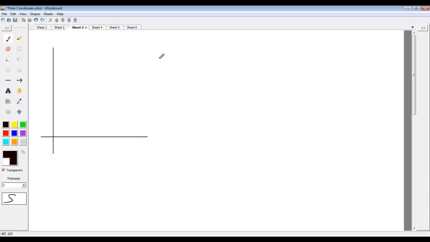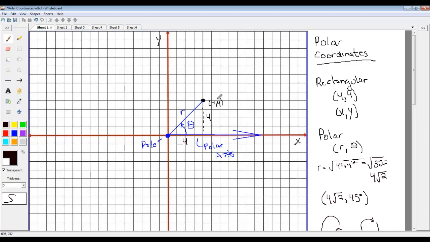Now, the interesting thing is that you can actually convert back and forth between polar and rectangular coordinates. If you think about it, it makes sense that you're able to convert. Because back in the original example, I had the point 4, 4 in the xy system, in the rectangular system, but you can convert that to polar by looking at what the theta is and what the r is.